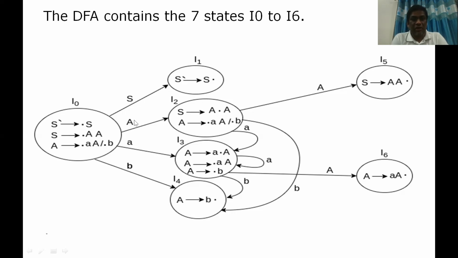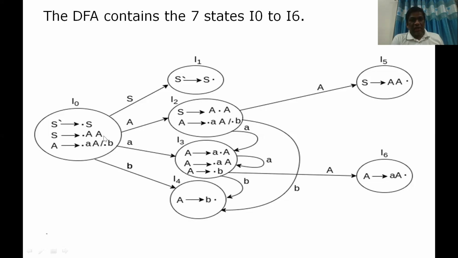So what will happen now? What happens is, I naught on S, you simply move the dot after S. Okay, so dot is moved to the next position of capital S. And then let us understand this carefully.